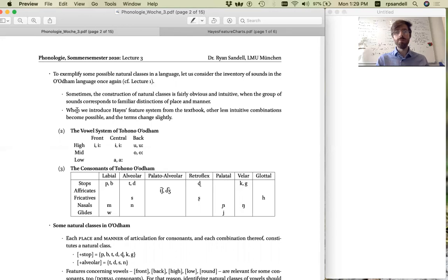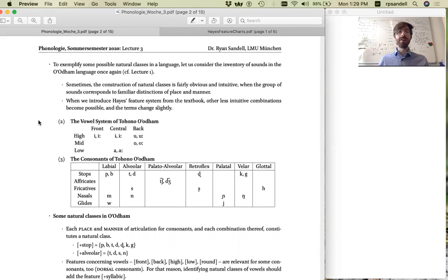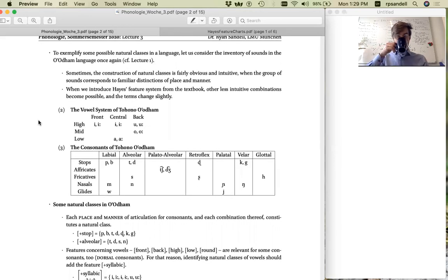But as we'll see when we move into using some of the terminology from Hayes' feature system, there will arise some other somewhat less intuitive combinations, and you'll need to be aware of some slight differences in terminology.